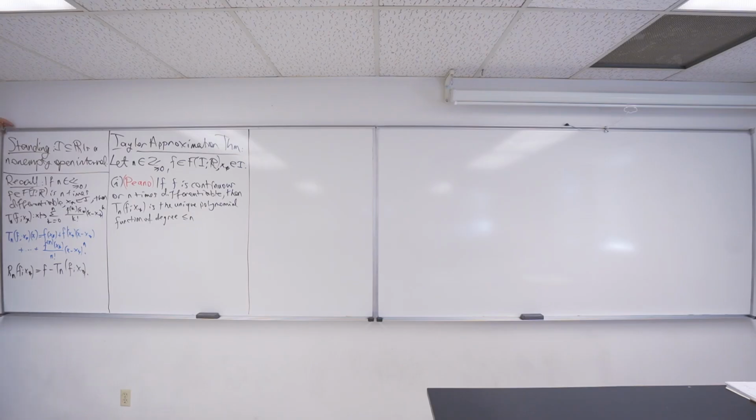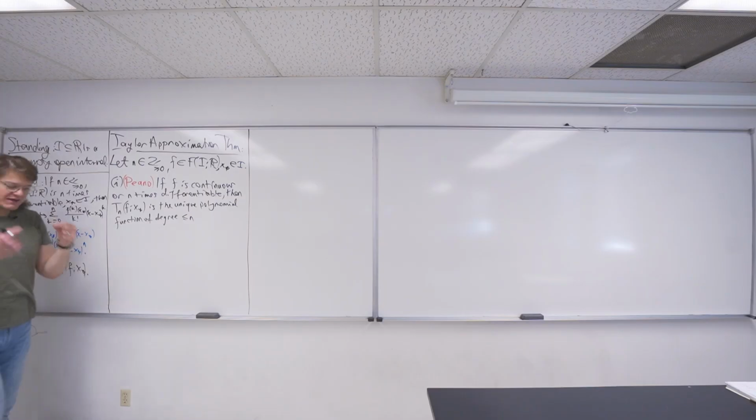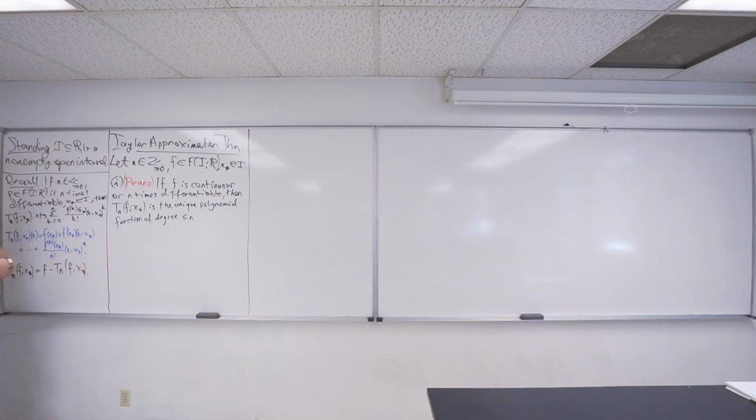I is a non-empty open interval, and here's a short review. If I have an n times differentiable function f on my interval I, and if I pick some base point x star, then I get to associate 2 new things to this point. One of them is this nth order Taylor polynomial of f at x star.